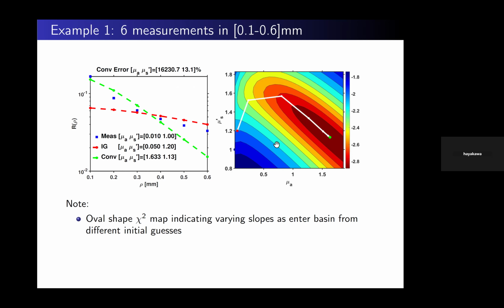One of the things you should note is that the measured data, which is 0.01 mu A, 1 mu S, you can't see it, a blue rectangle right here, is not sitting in this basin. So that's kind of problem number one. Your measurements aren't sitting in this basin.